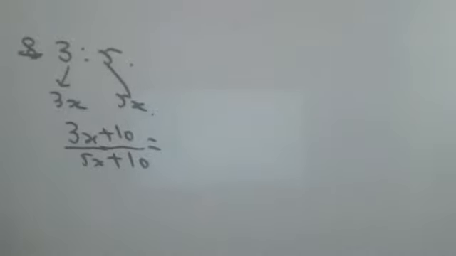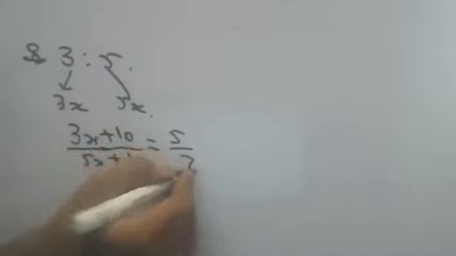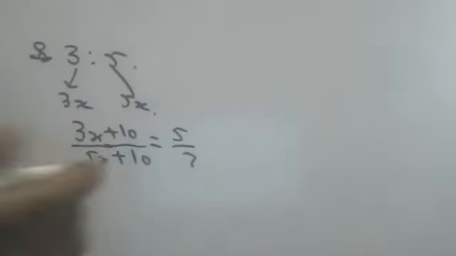See, children, two numbers are such that the ratio between them is 3:5. If each is increased by 10, the ratio becomes 5:7. Find the original numbers.